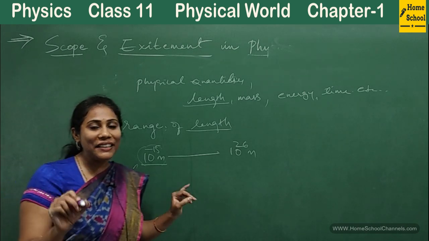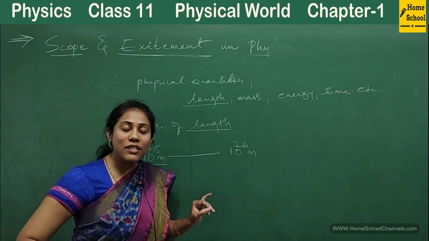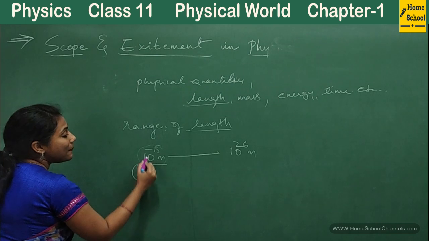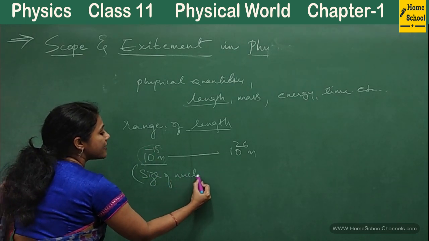We all know the atom, right? Atom has nucleus at the center, electrons revolve around the nucleus. How much is the size of nucleus? 10 power minus 15 meters.